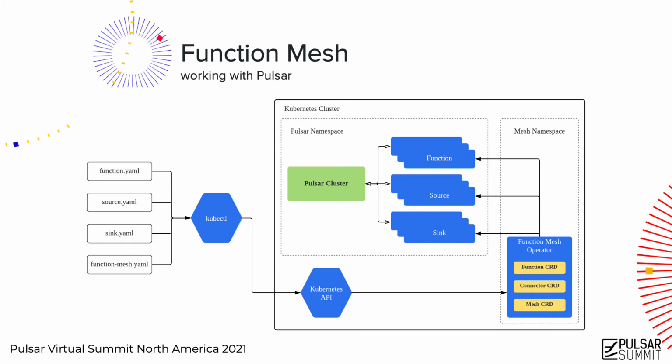In this diagram, within the Kubernetes cluster, the function mesh controller, which is in the mesh namespace, watches the CRD accepted by the API server and creates related Kubernetes resources, such as the stateful set, to run the defined function or connector within the Pulsar namespace.